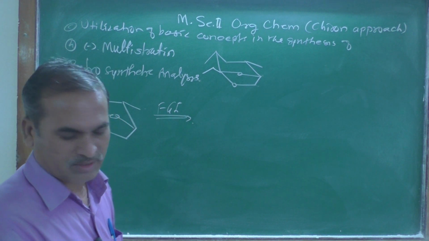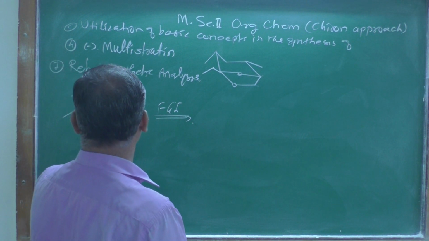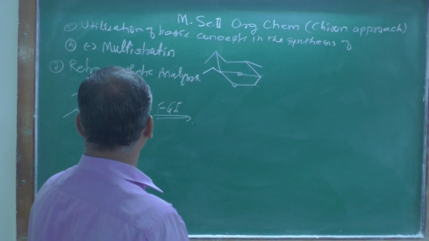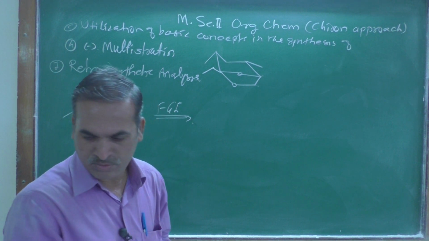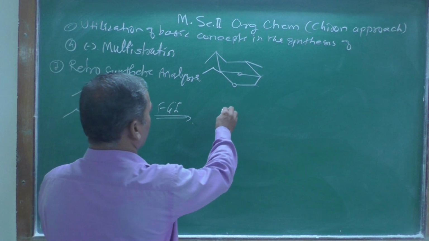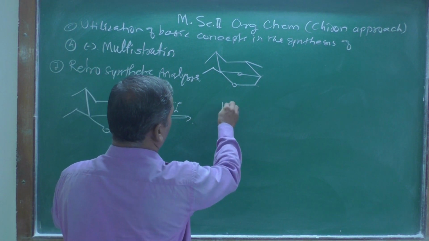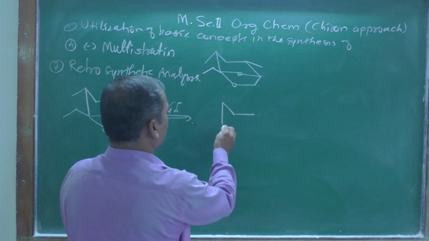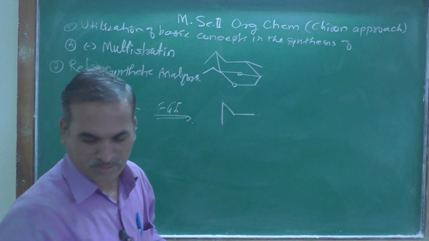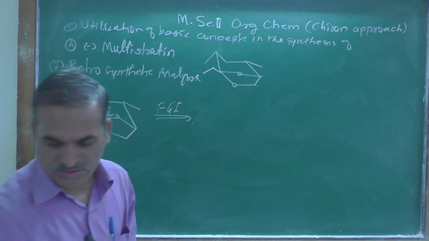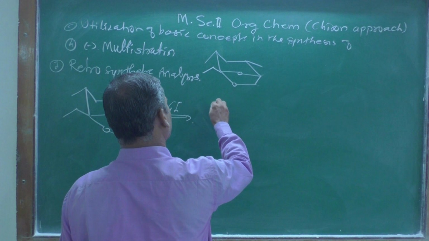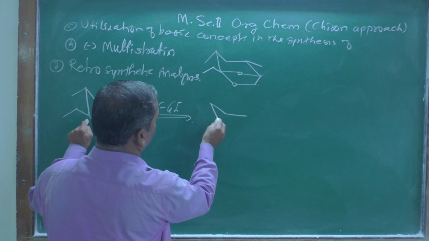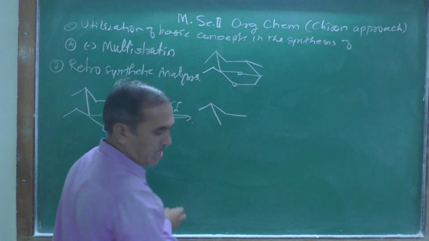We are going to break this compound in such a way that we keep the stereochemistry over here like this. Let me draw this structure properly. Generally this methyl group stays as it is.